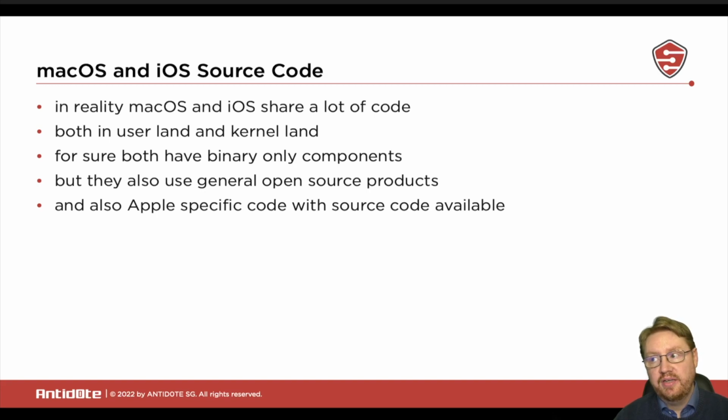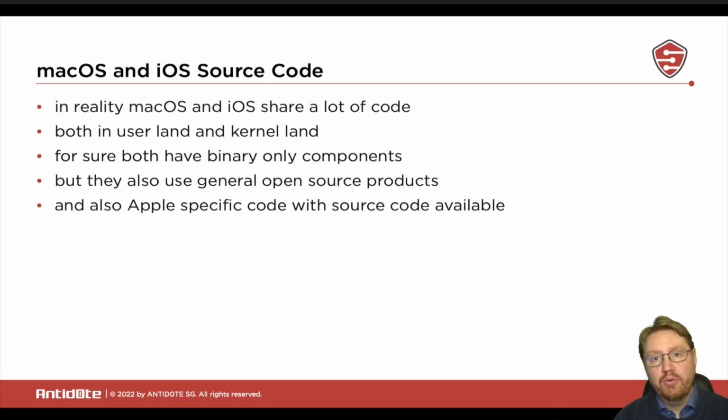In reality, macOS and iOS share a lot of code, so when one uses an open source component, the other will also use it. Open source is really used in both systems, both in user land and in kernel land. Basically, most of the kernel is open source.